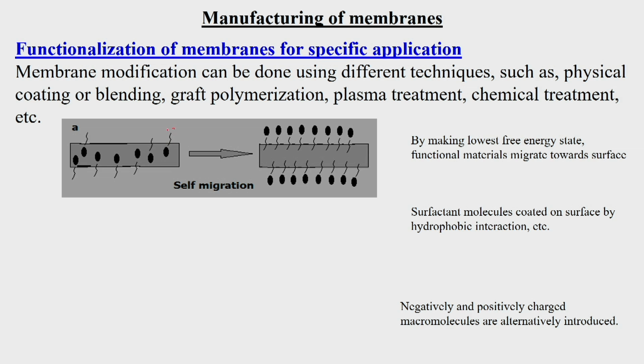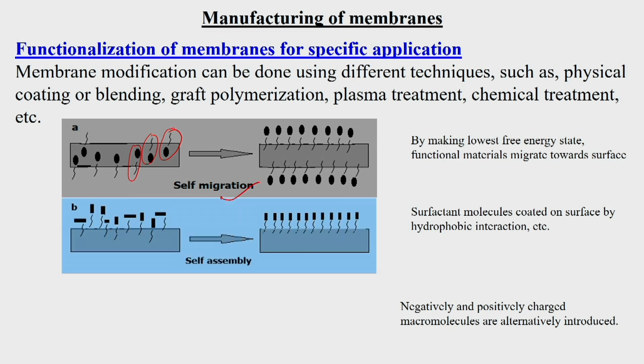Suppose some functional materials are required for a particular application and the polymer is formed; if we make the lowest free energy state, then these will be oriented on the top surface of the polymeric membrane. So, this is due to self migration.